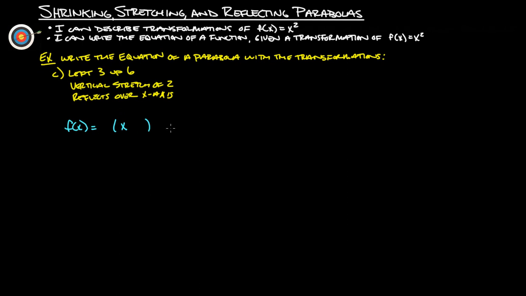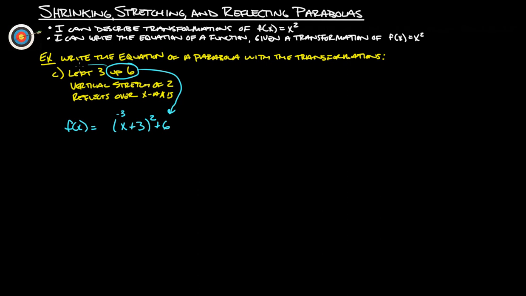I usually like to start from the right and work back to the left. You do it however you want, but I know that this thing goes up 6, so that means that's going to be plus 6. Now it's going to go to the left 3, which means that the x is -3. There's supposed to be a squared there. -3 and what gives us 0? Plus 3.